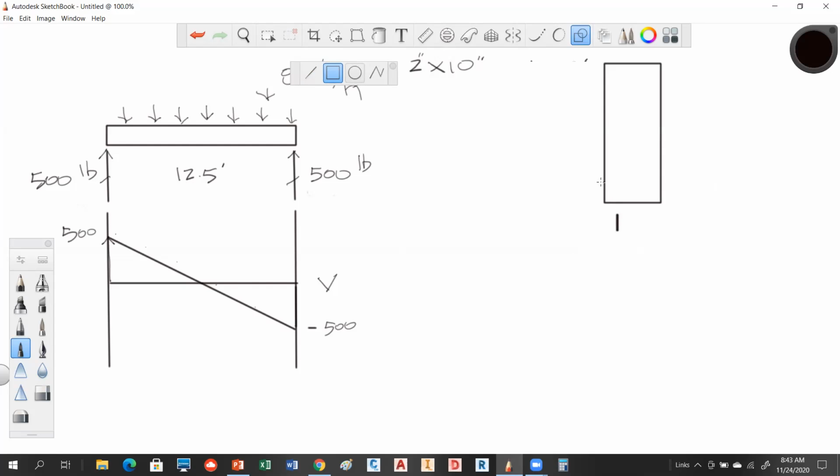Looks like 1.5 inches by 9.25 inches. Are you guys seeing where I'm getting that information? Appendix D, table D1.